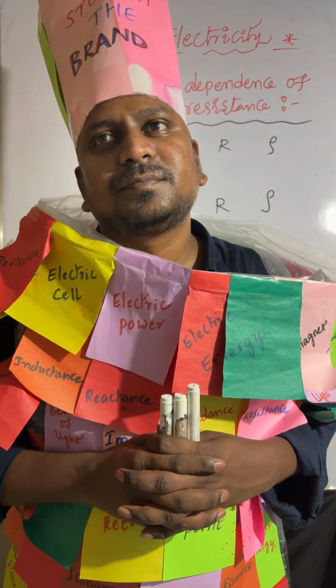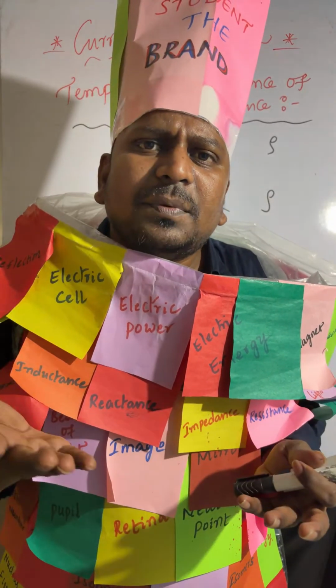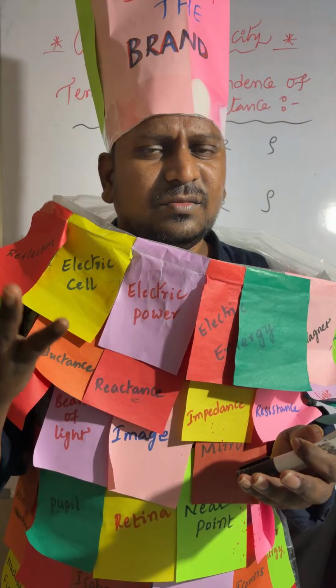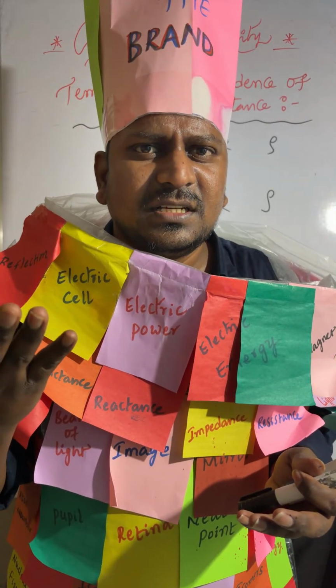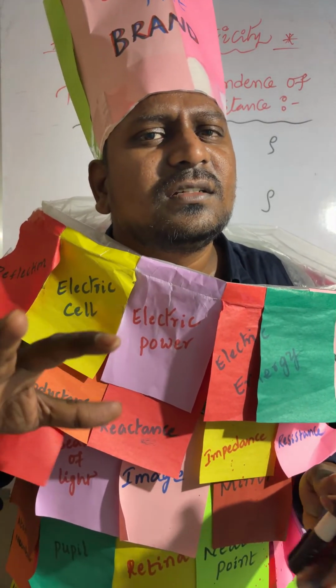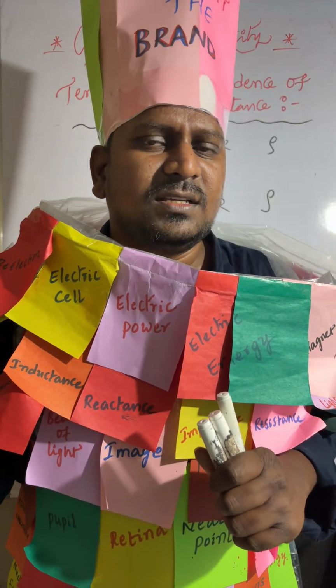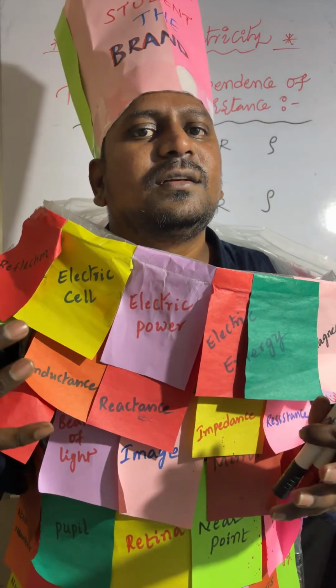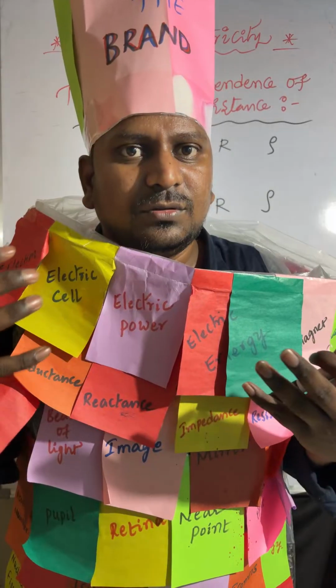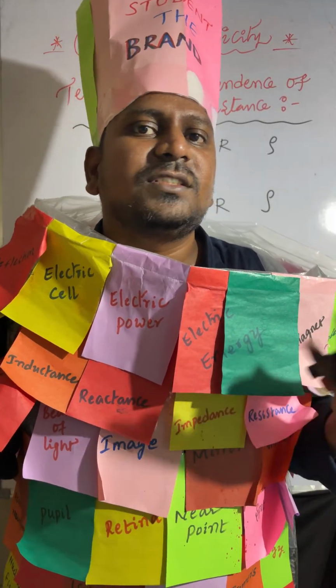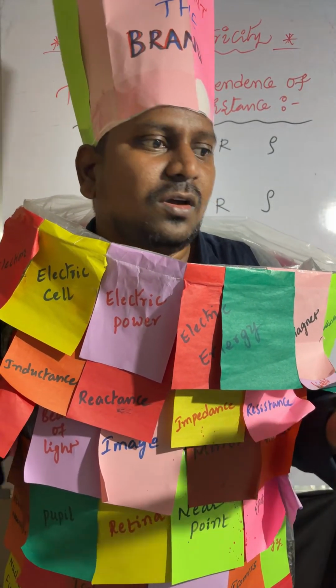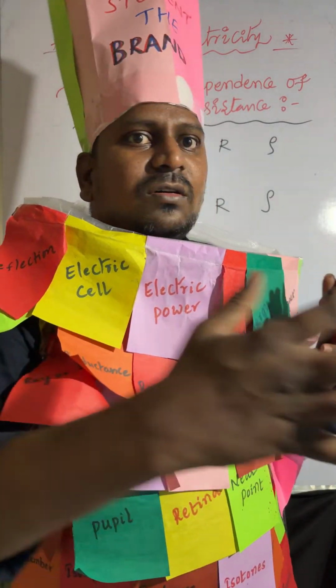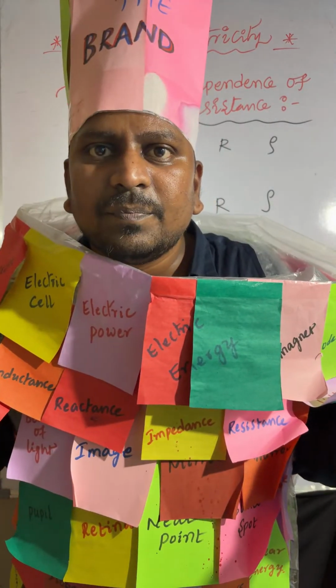Point number 1: when temperature increases, the free electrons in the conductor increase their movement, amplitude and velocity. Because of that, the electrons start moving.